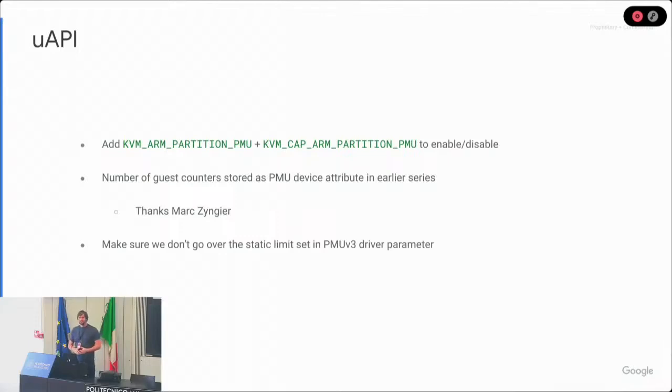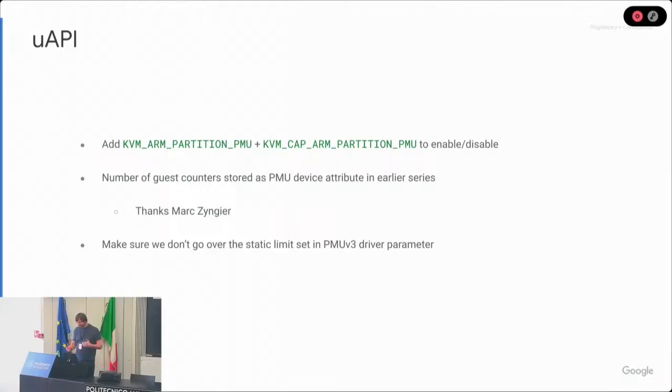Last but not least, we have the UAPI, and it's fairly simple at this point. Define an ioctl, KVM_ARM_PARTITION_PMU, and an associated cap that allows user space to enable or disable this capability.